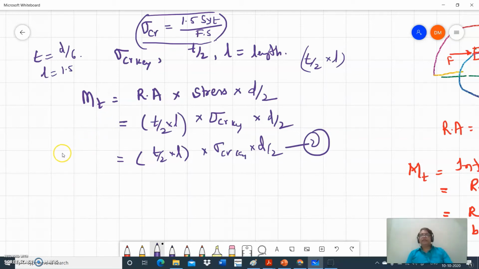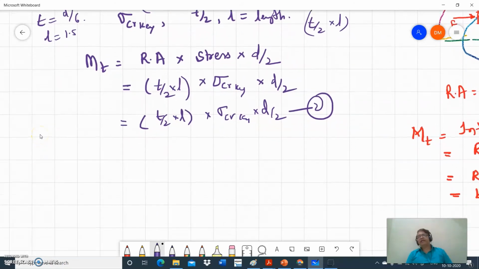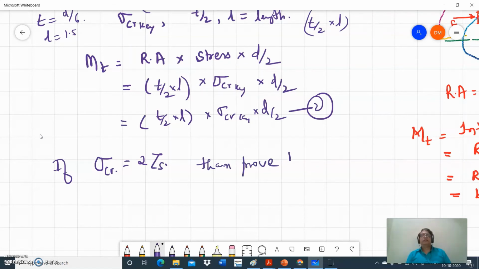Okay. So in the examination, or in an interview, wherever you go, they may ask this question: if the crushing stress is twice the shear stress of the material, then prove that the key used is a square one.